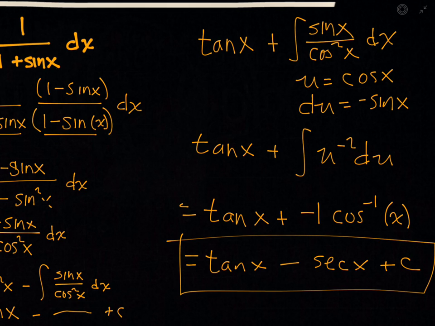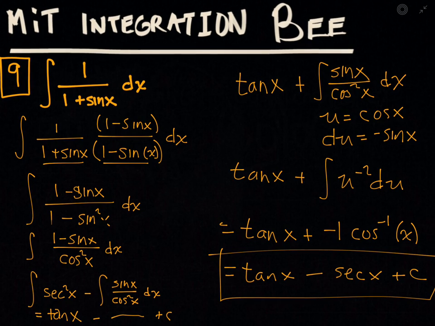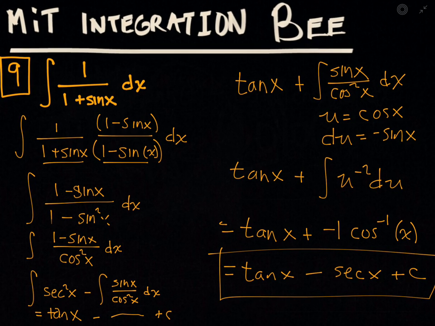And there it is. All right, that was pretty fun. I hope you enjoyed that one. That was pretty tricky to multiply by the reciprocal, or multiply by its conjugate, and then you could use your trig rules, and we had some fun steps in there.